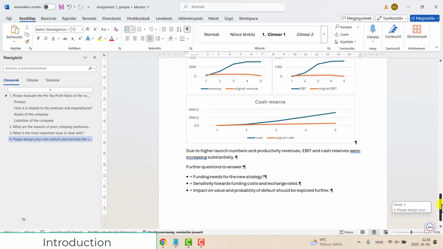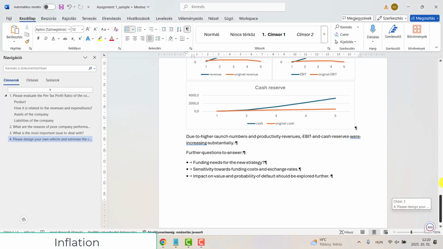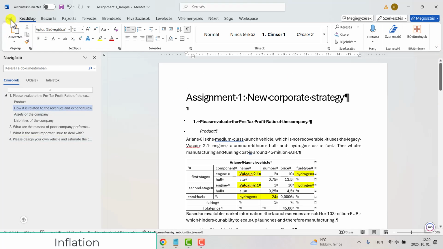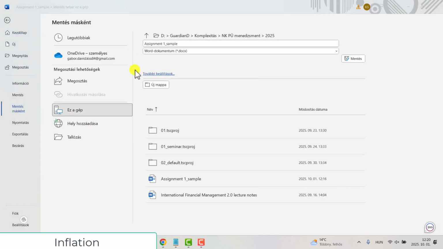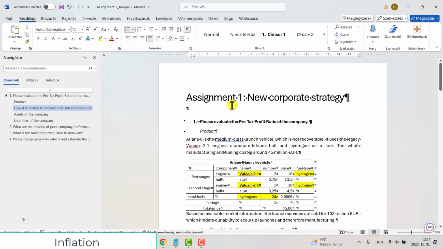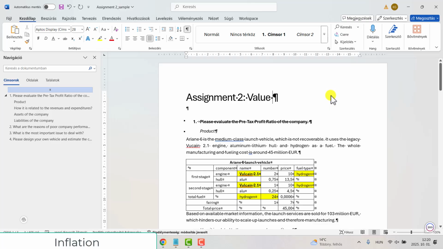So this was, let's pick this one, and I will save it as assignment 2 sample. Value and probability of default.